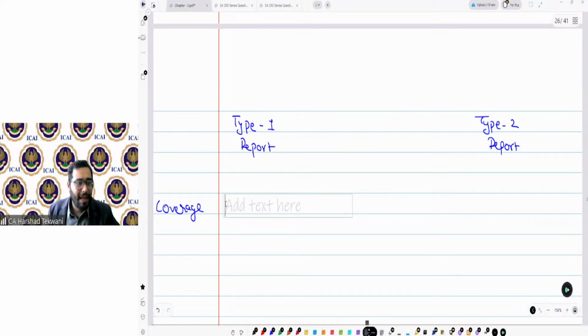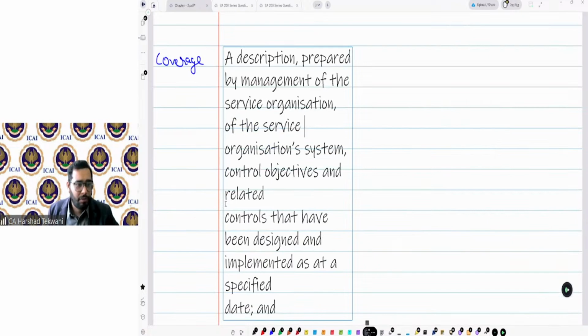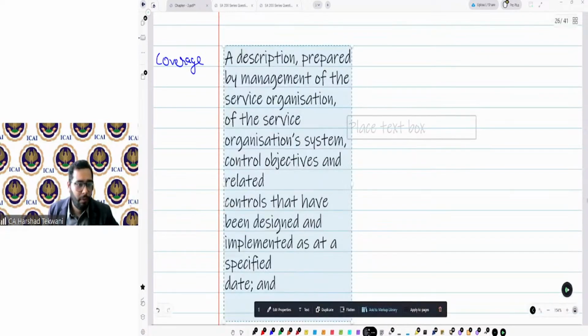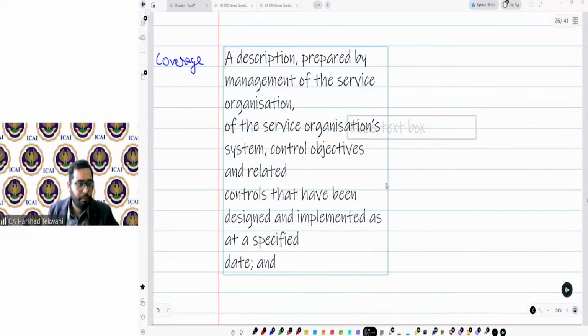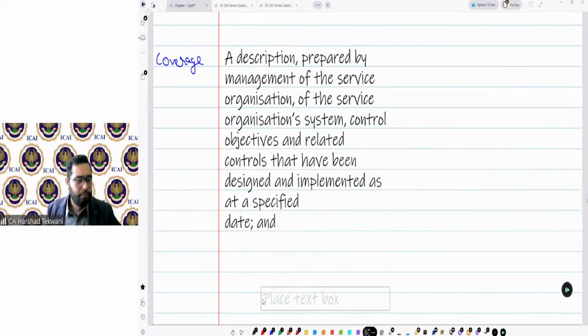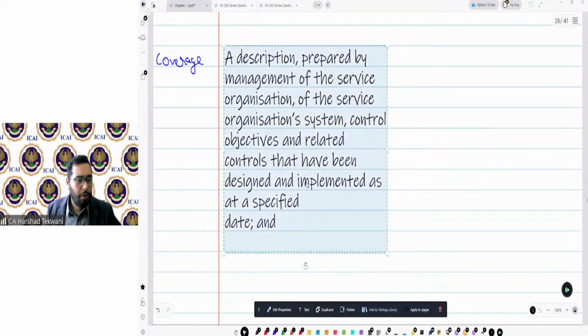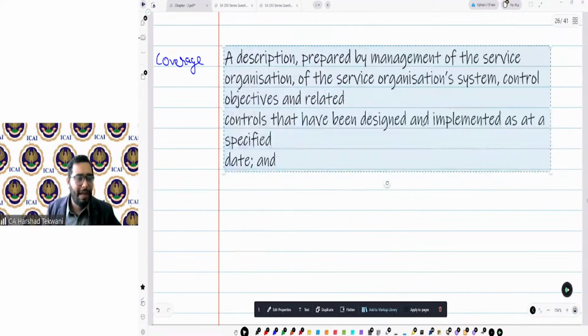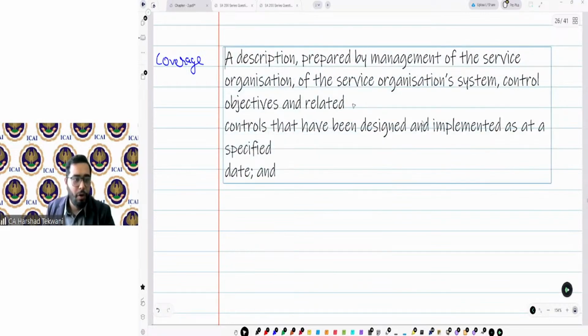So you can say, a description of the controls that are there at the service organization.